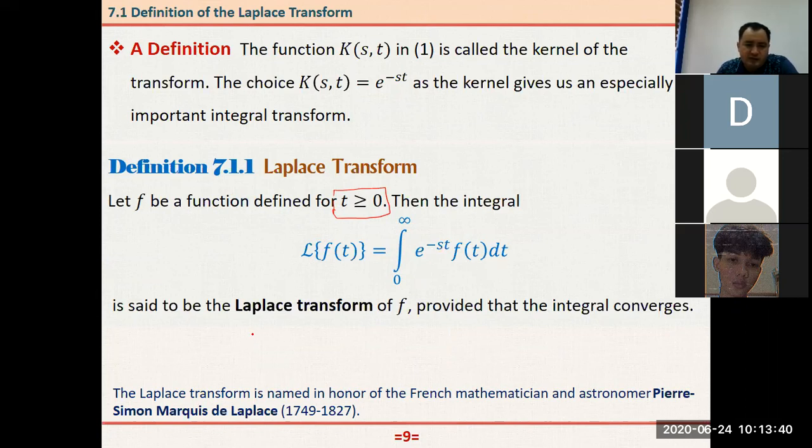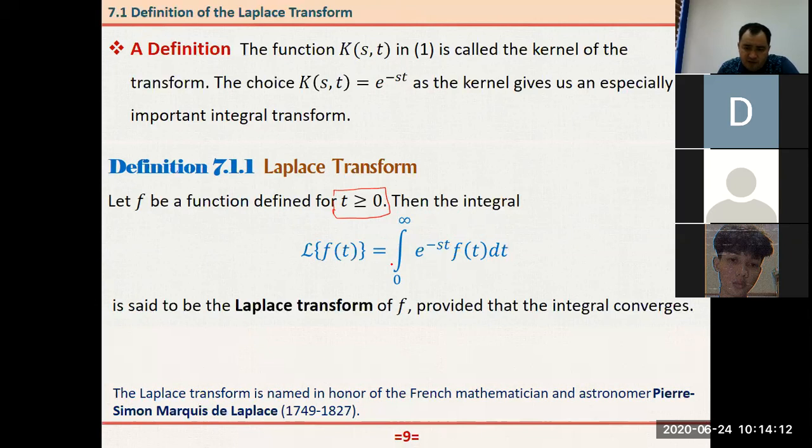It is said to be the Laplace transform of f, provided that the integral converges. Because this is an improper integral, if you remember from calculus, it may converge or it may diverge, right? And of course, we are primarily interested in convergent integrals. If it is divergent, we have nothing to do. It may also be divergent only for some special values of s.